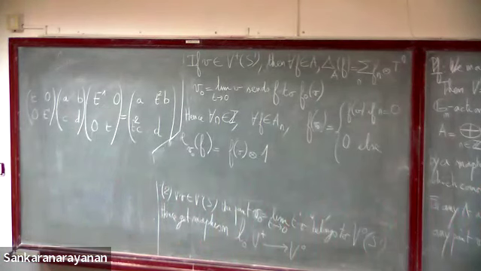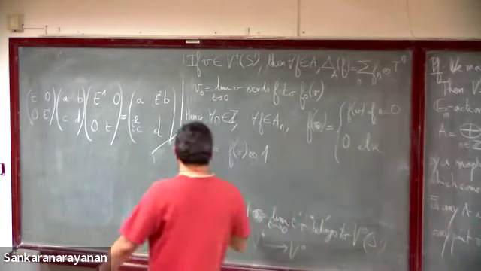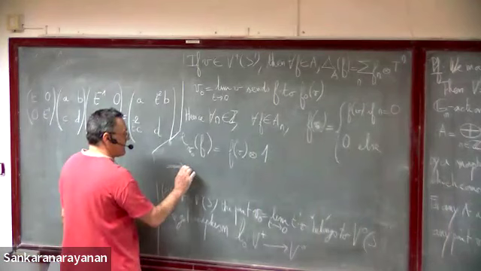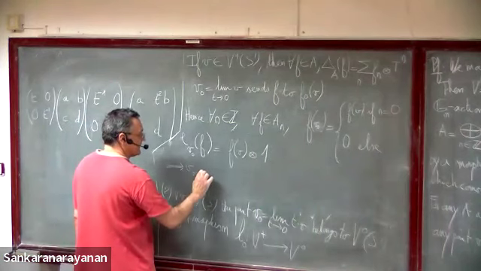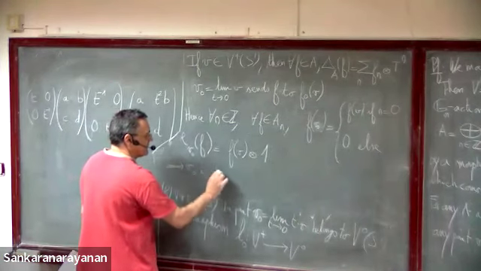And so there remain only the t to the power 0, which is 1. And so this means that V0 is invariant.